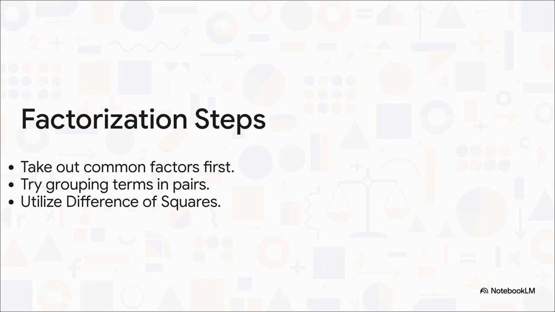Absolutely always look to take out common factors first across all terms. That is going to simplify your life immediately. Now, moving to step 2. If you have 4 terms, try grouping them in pairs to find common brackets. And finally, step 3. Keep your eyes peeled for those foundational identities we talked about earlier, especially the difference of squares method. Spotting one squared term minus another squared term is an instant shortcut for factorization.